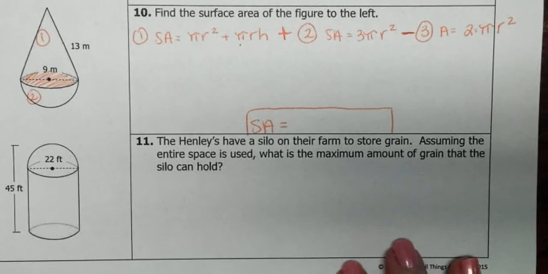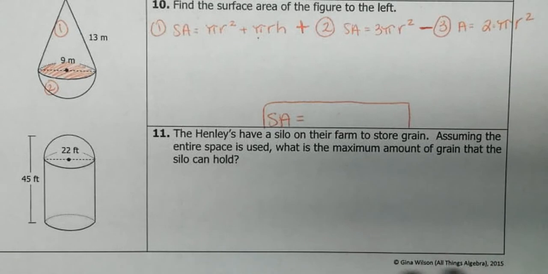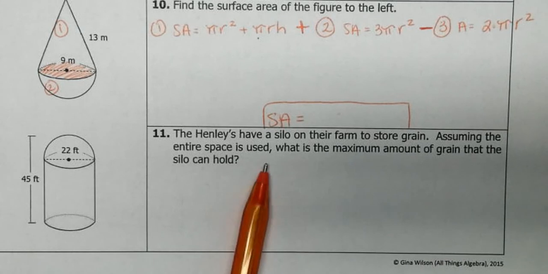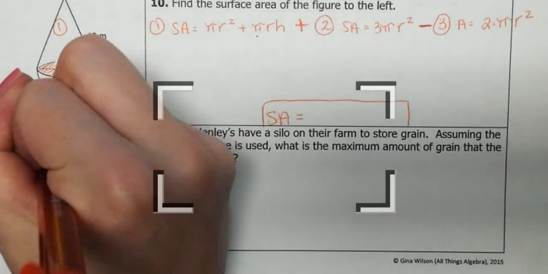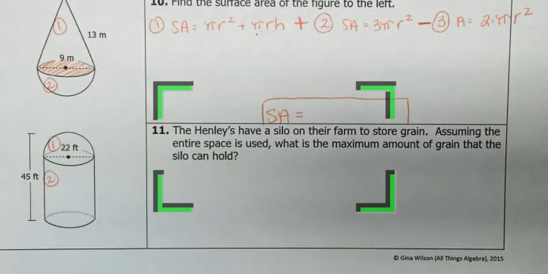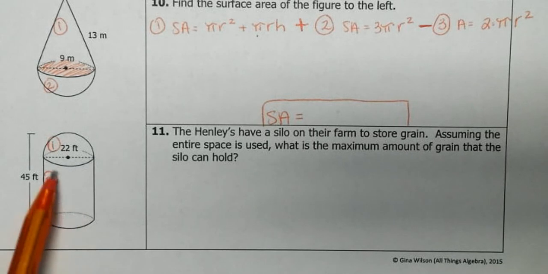Number 11. I'll help you set it up, and then I'm going to have you solve it. Number 11 says the Henleys have a silo on their farm to store grain. Assuming the entire space is used, what is the maximum amount of grain that the silo can hold? When we're talking about filling something up, we are talking about volume. So I want to find the volume of figure 1 and the volume of figure 2 and just add them together. Nothing will be subtracted because we are including everything within this figure.